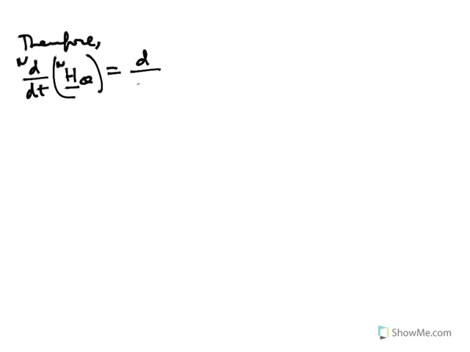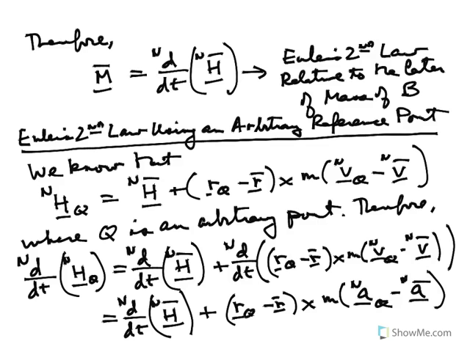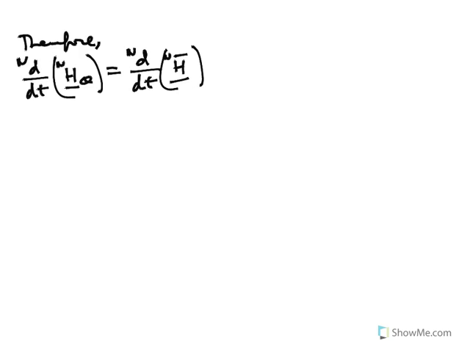Therefore, the rate of change in N of HQ in N is equal to the rate of change in N of H bar in N. And then, when we simplify here, we get (RQ minus R bar) crossed with M aQ, and then we get another term.